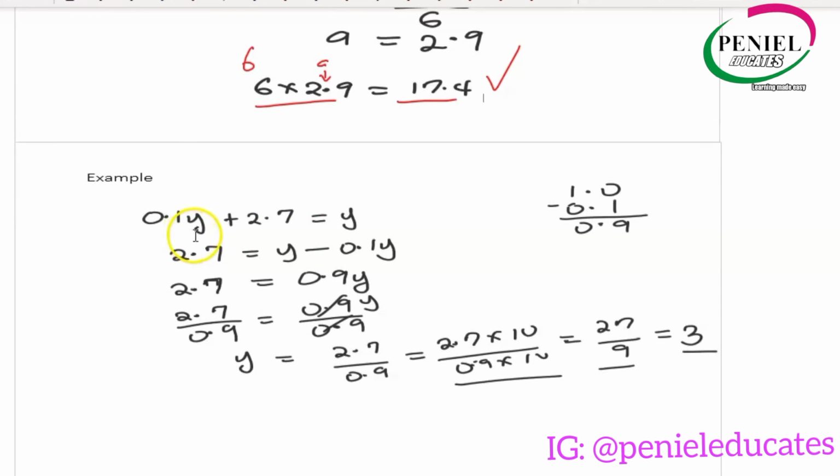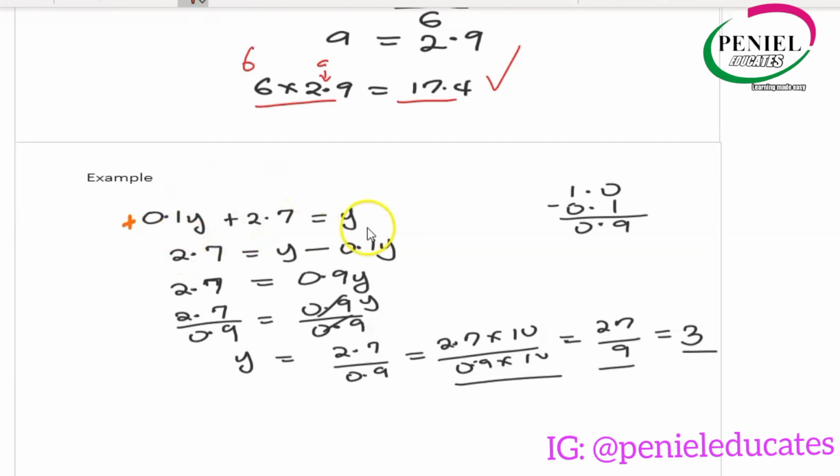Have 0.1y plus 2.7 is equal to y. Okay, so what we need to do first is to collect the like terms. Okay, so we have 2.7 here, so once I move 0.1y to this other side, don't forget that this is actually positive.